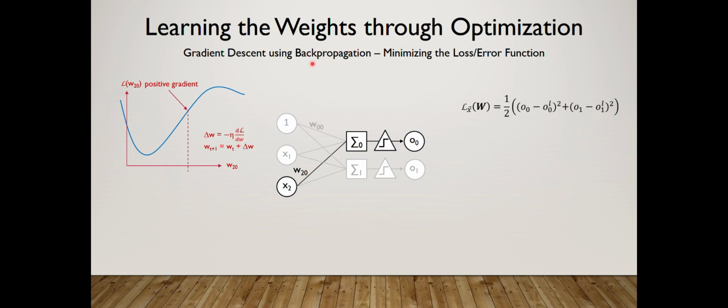Backpropagation is a very convenient and very efficient algorithm to calculate these partial derivatives of the loss function versus the weights. And in order to do that, we have to rewrite the neural network that we have into a directed acyclic graph, also sometimes referred to as DAG.